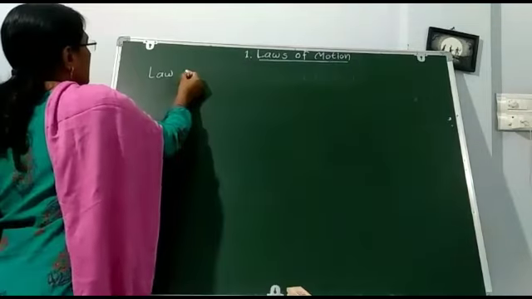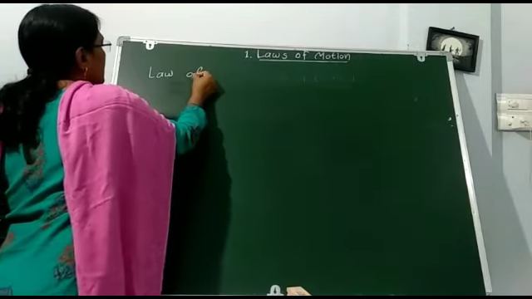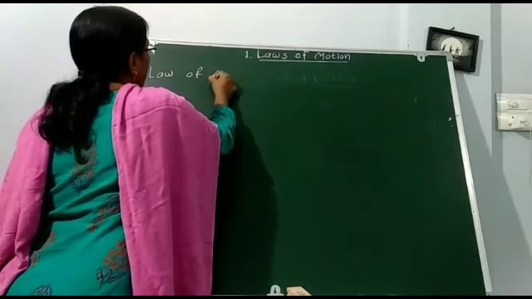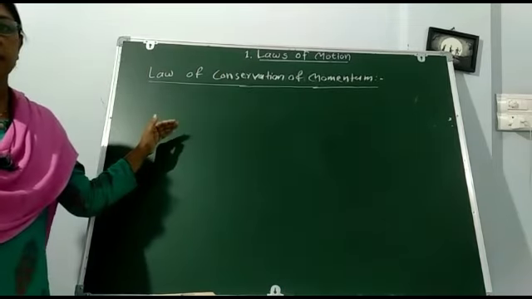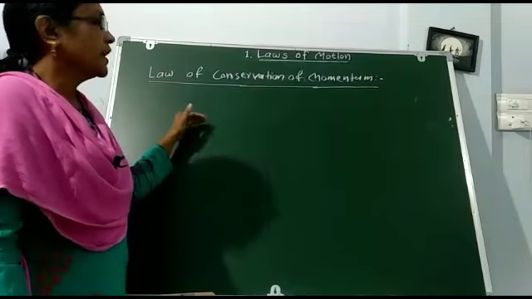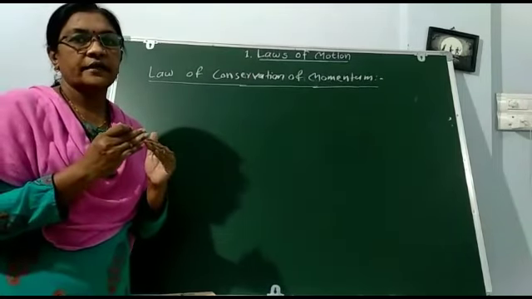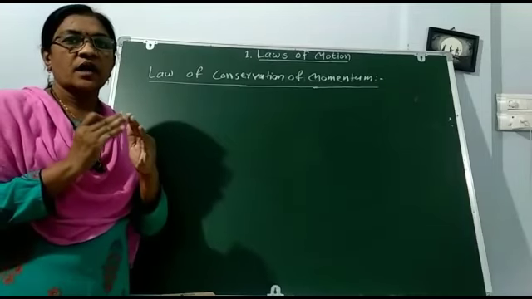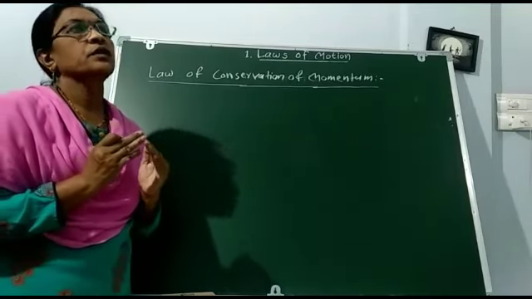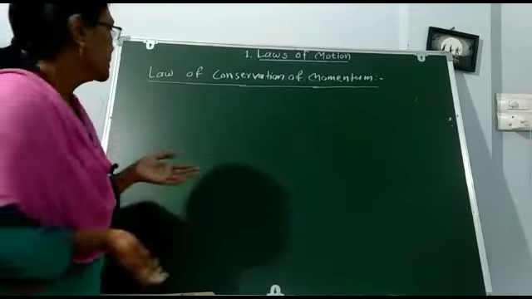Second topic is the law of conservation of momentum. What is this law? This law is stated as: when two objects collide, then the momentum after collision is equal to the momentum before collision.